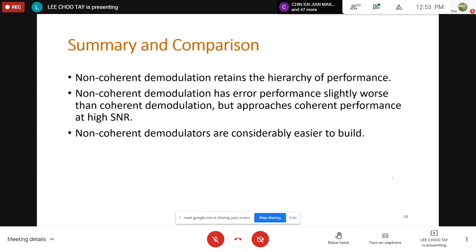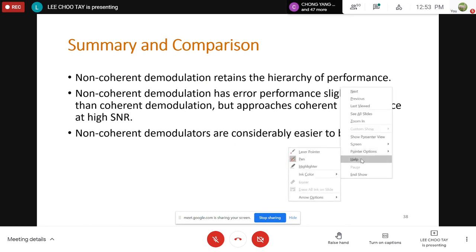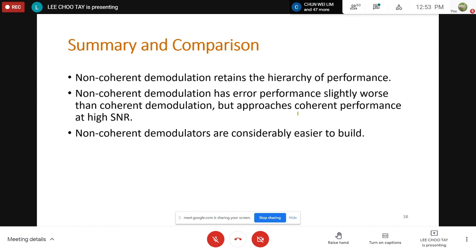All right, so we can see from the graph that non-coherent detection basically retains the same hierarchy of performance compared to the coherent demodulation techniques. Yeah, you can see that as far as error performance is concerned, the non-coherent demodulation technique performs slightly worse.